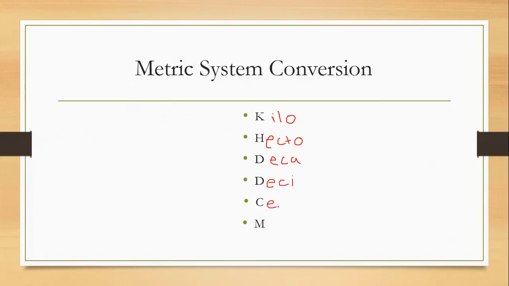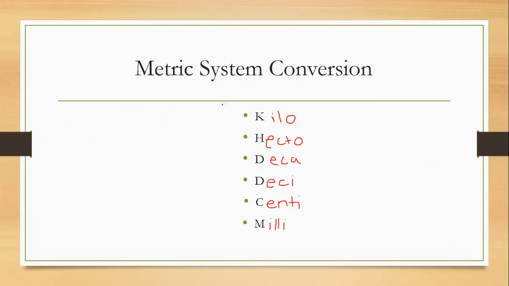C was for centi. And M was for milli. So this should look very familiar to you. Remember, we came up with the memory tactic that said King Henry died drinking chocolate milk. So that's a great way to remember that.